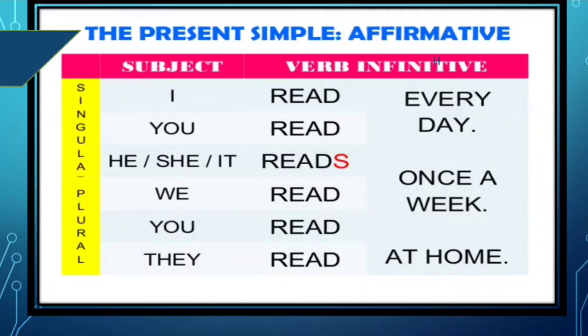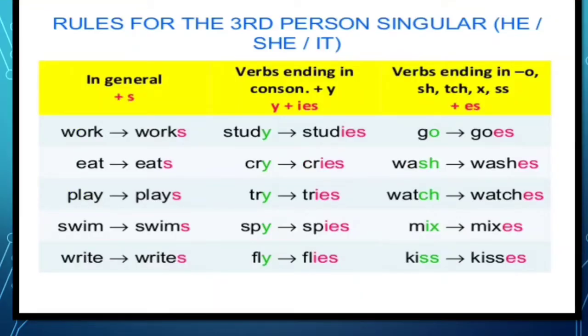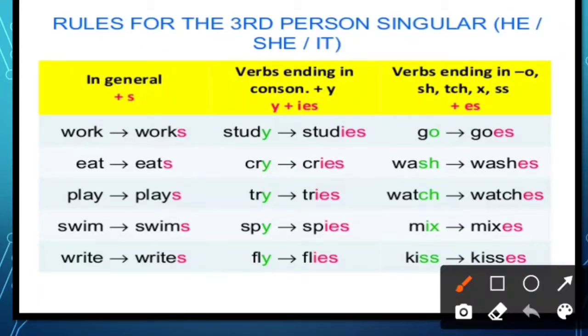Now we will go for the third slide. Here you can see rules for the third person. As we had already discussed in the previous slide, generally we will have to add s at the end of the singular third person, or in other words, if there is he, she, it, we will have to add s or es.